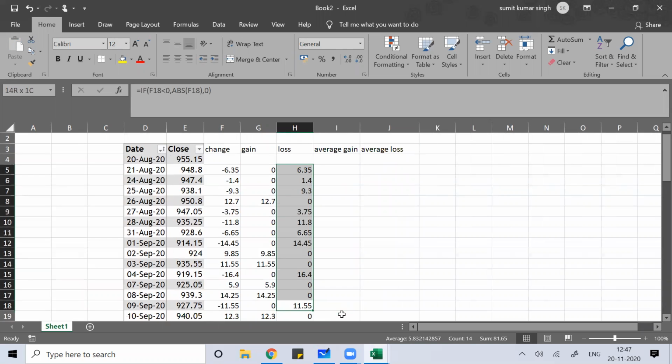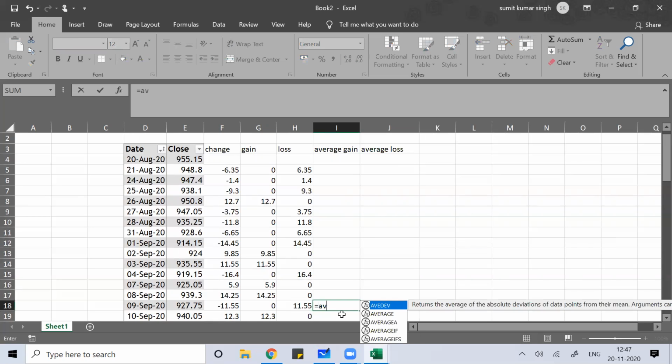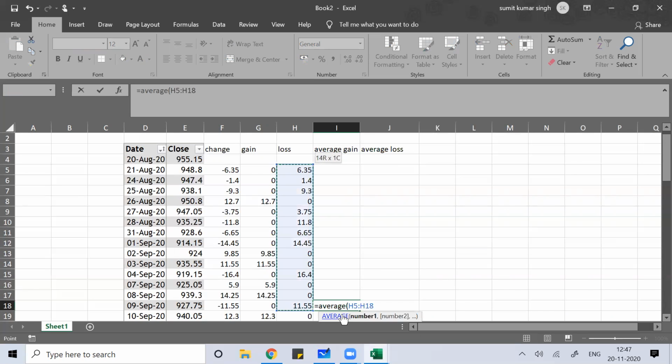Let me reconfirm, yes, this is 14. I just write average. So this is the simple moving average of 14 days. One minute, I calculated on gain or loss. This is average gain. Sorry, by mistake I calculated on loss.